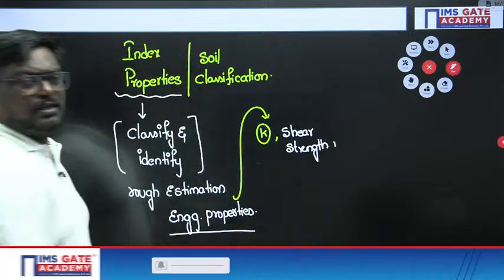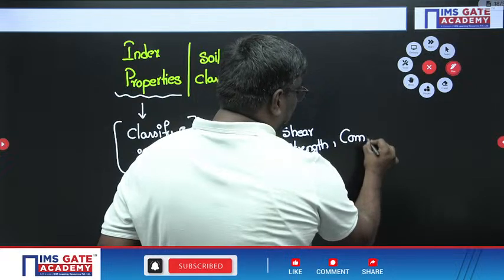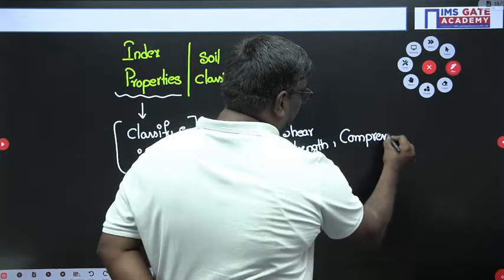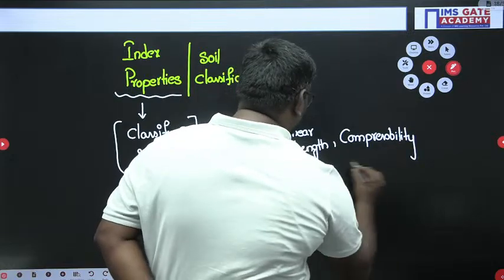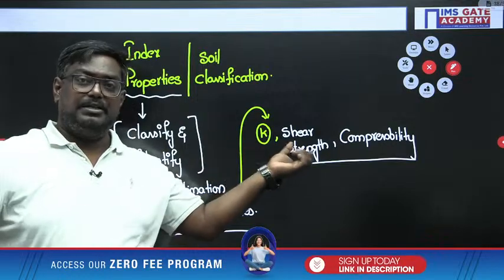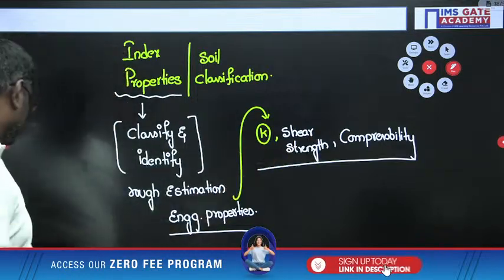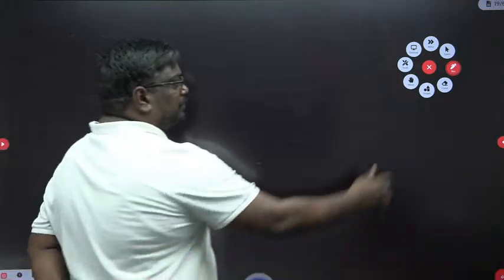Permeability, shear strength, or you can also say compressibility. So the engineering properties are nothing but permeability, shear strength and compressibility.